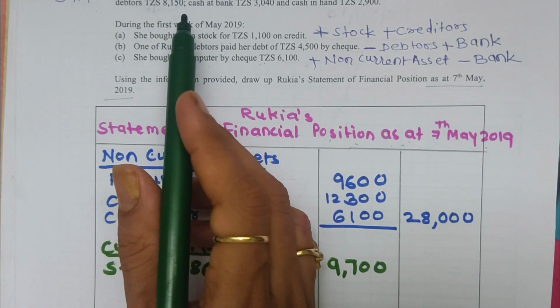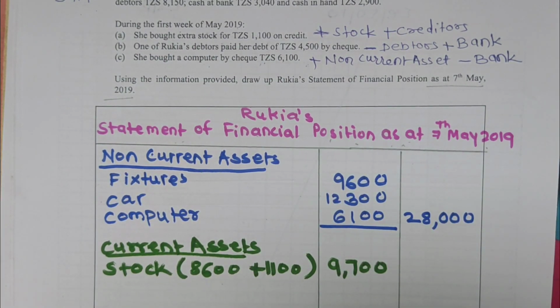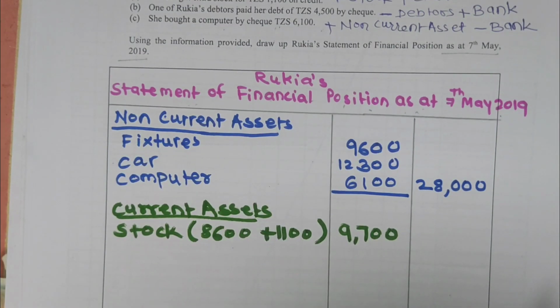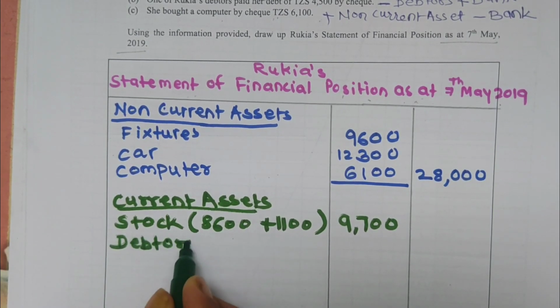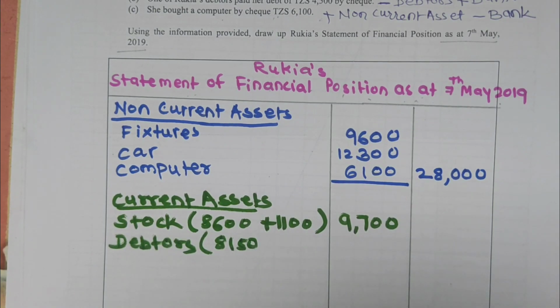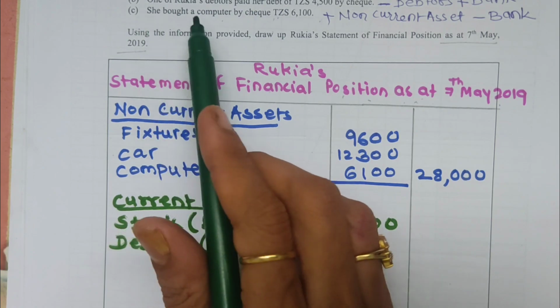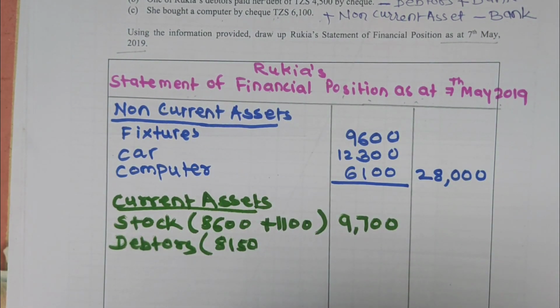Debtors given 8150. See, you can see in the question, debtors is given 8150. So write down debtors. I am writing in bracket because there is again an adjustment. See, it is given one of the debtors paid her debt 4500.